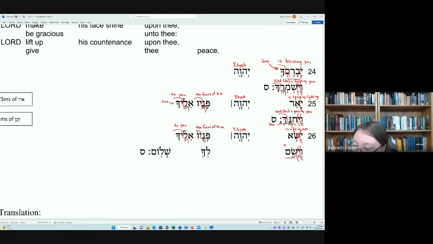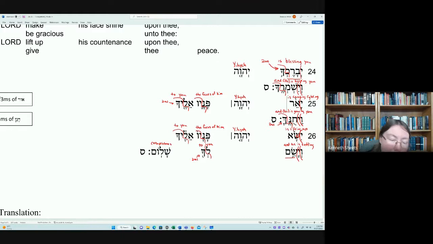So thus, and he is setting. Leka, there's the lamed preposition with the second masculine singular pronominal suffix. To you, shalom, that idea of completeness that we just saw.